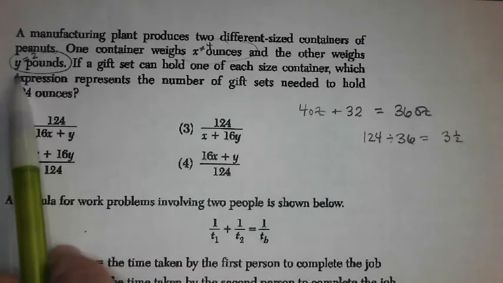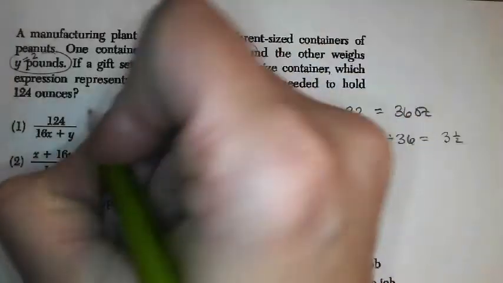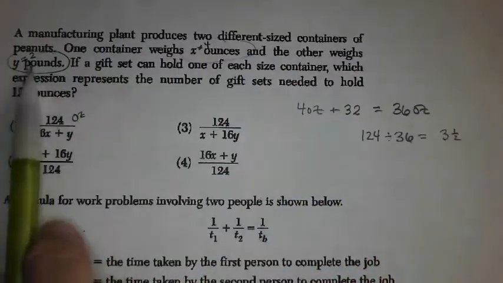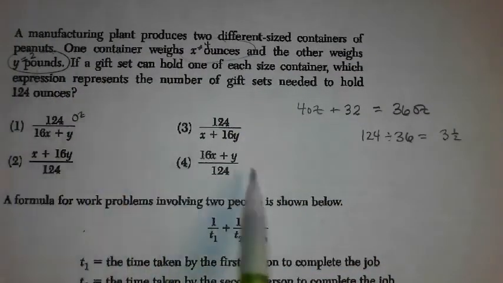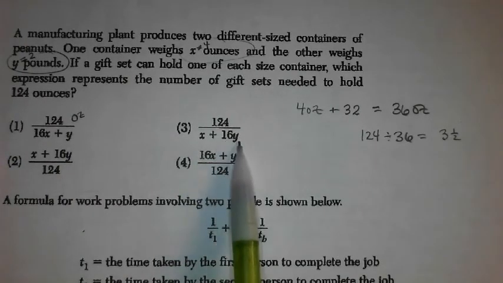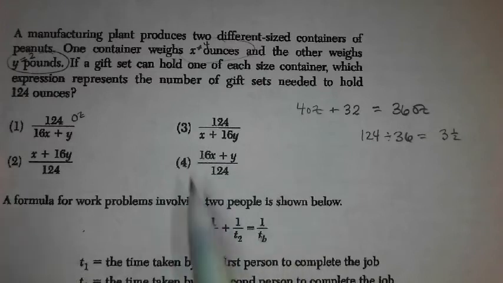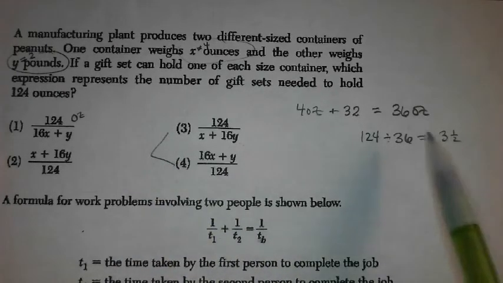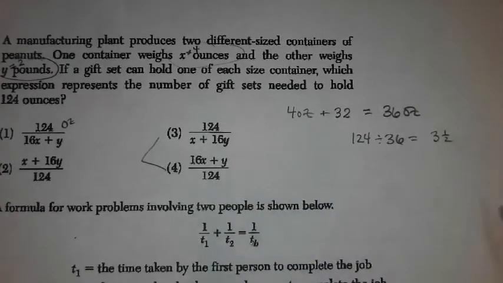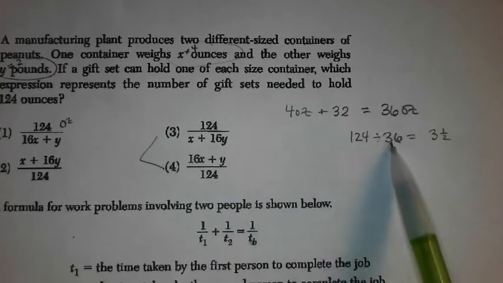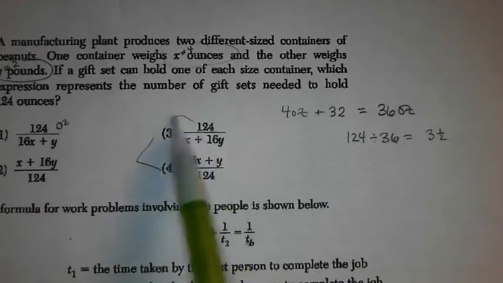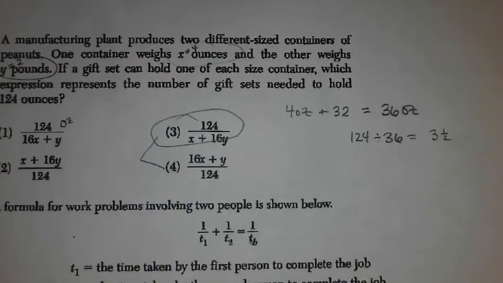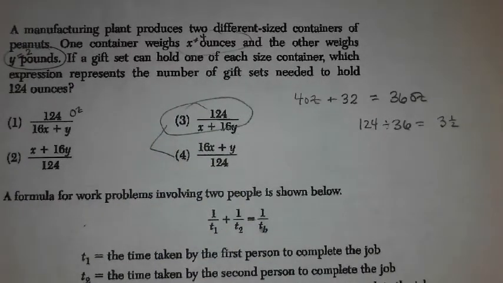They're doing that because 124 is in ounces, they need to change the Y pounds to ounces. So the 16Y makes sense because they're doing 16 ounces times the number of pounds. And then the question is, which order did we do it in? We did 124 and divided to see how many times the gift sets would fit in. So that's the one. If you actually just plugged in those numbers, that would give you 3.5.